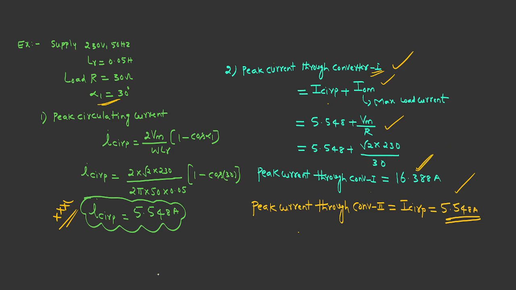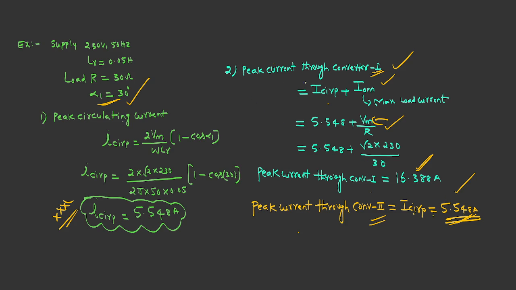Like that you have to remember. For the converter for which the firing angle is given, for that converter we have to add the load current also, because that converter is supplying the load current. And converter 2 is carrying only circulating current. If alpha 2 is given, then peak circulating current plus load current for converter 2.